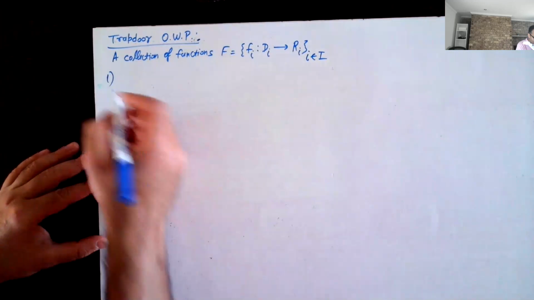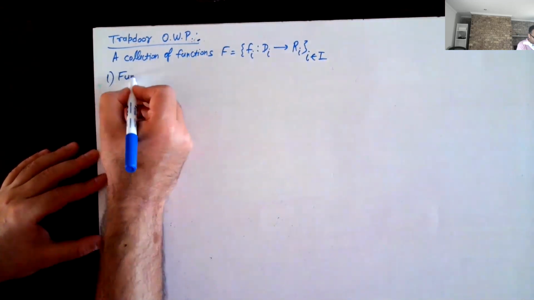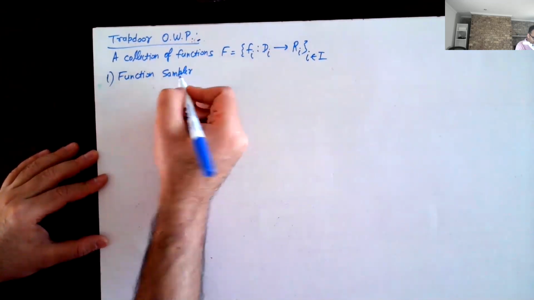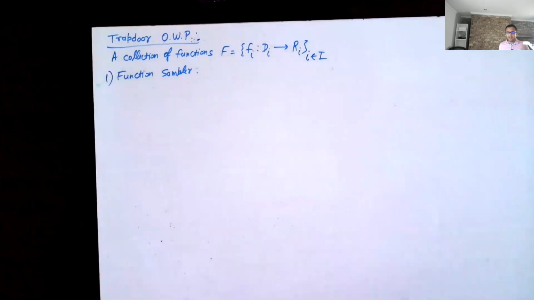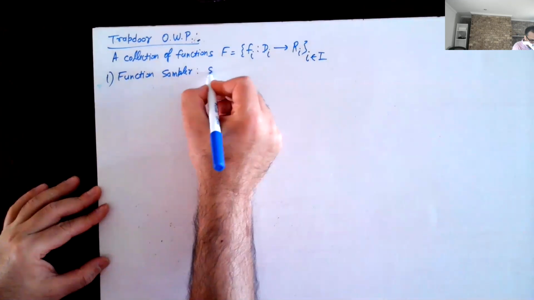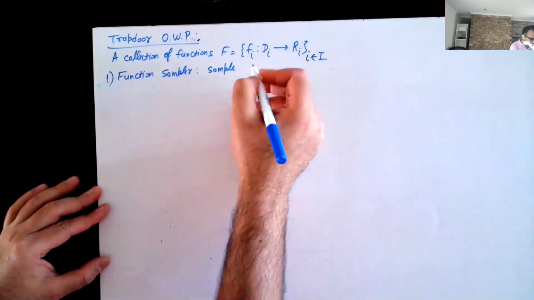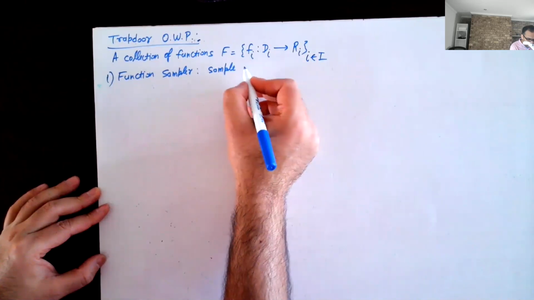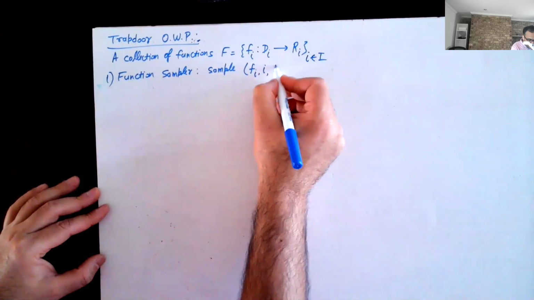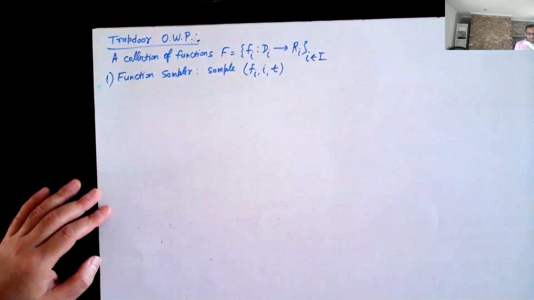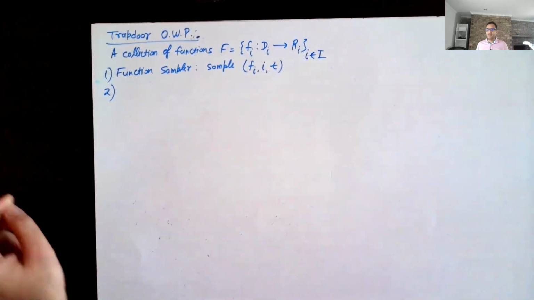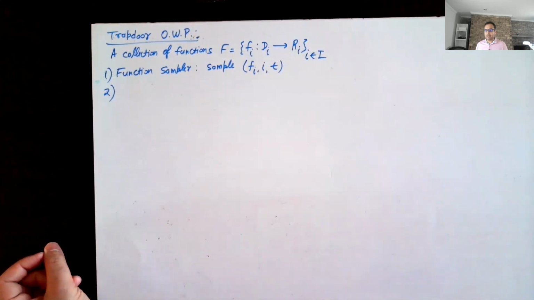First, we needed a function sampler. This is a polynomial time algorithm which allows you to sample f_i, i, and some trapdoor t. As an example, in RSA, the trapdoor is the factoring of the number n which you choose.